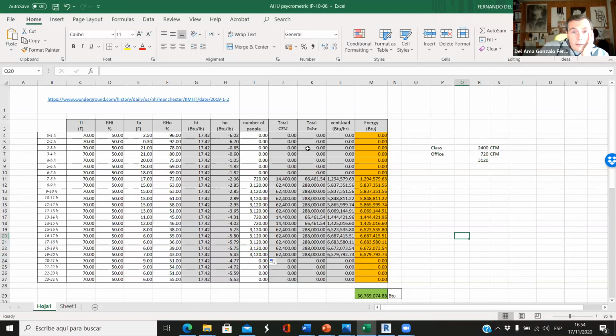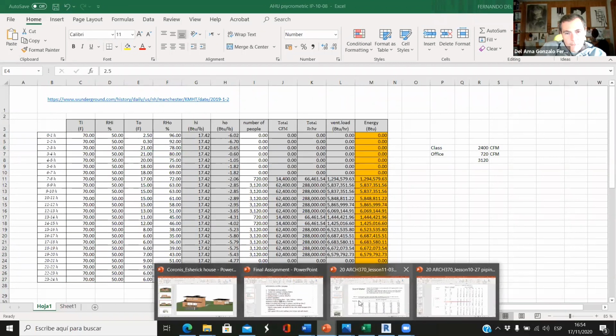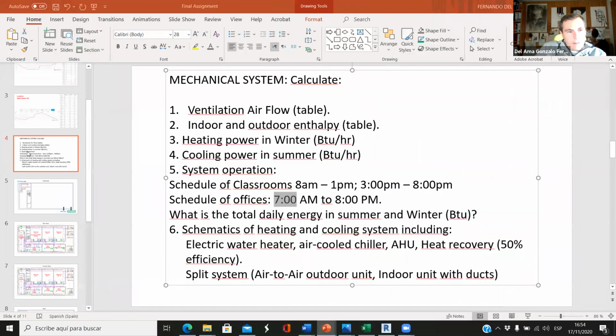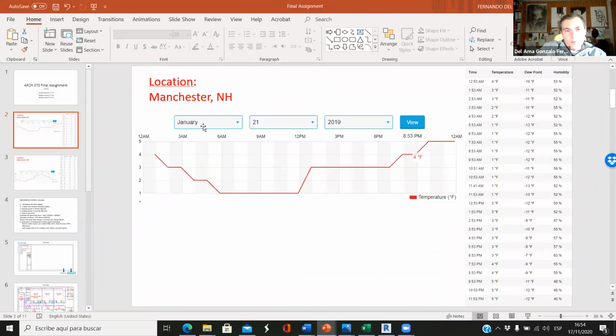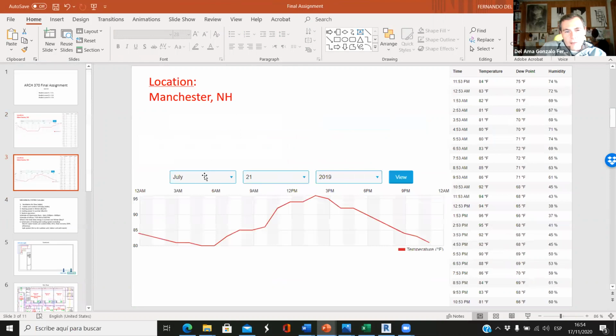Then we need the total ventilation load. I haven't changed the indoor temperature. This is comfort temperature, so the indoor temperature and relative humidity can be 70 and 50, but I haven't changed the outdoor temperature and relative humidity. So here you have to type the temperatures that we have in winter and then in summer.